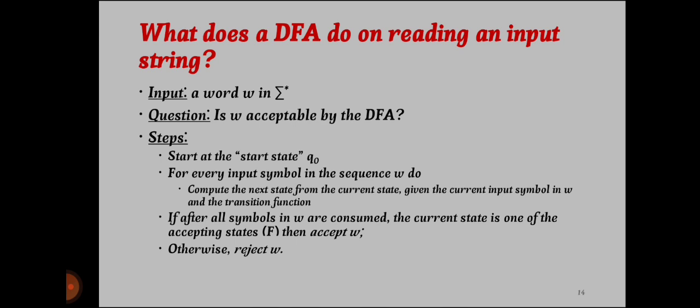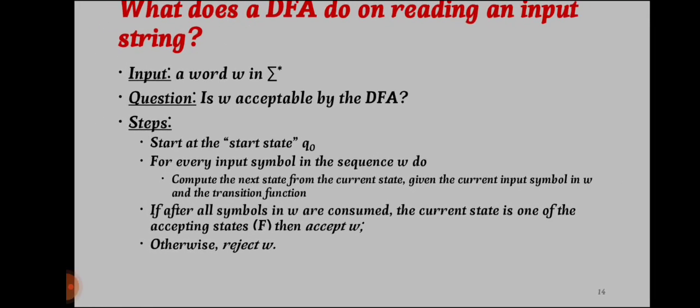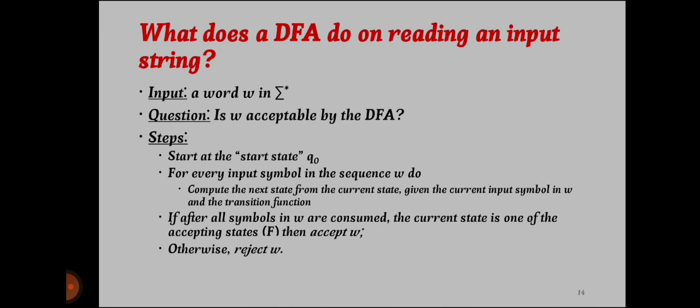For every input symbol in the sequence W, compute the next state from the current state given the current input symbol and the transition function. If after all the symbols in W are consumed, the current state is one of the accepting states F, then accept W, otherwise reject W. This is about DFA reading an input string.